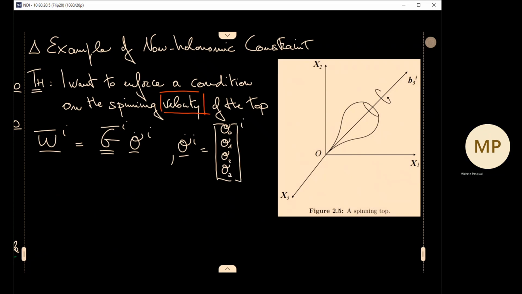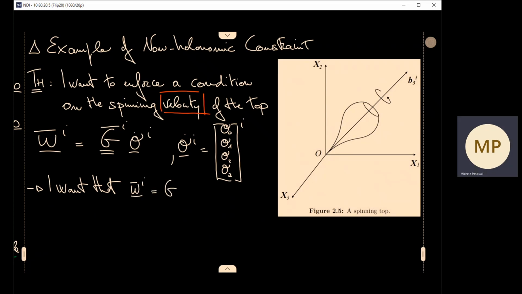I want omega I, which is G I theta I dot, to be equal at all times to a vector function f, which is a function of q and t.